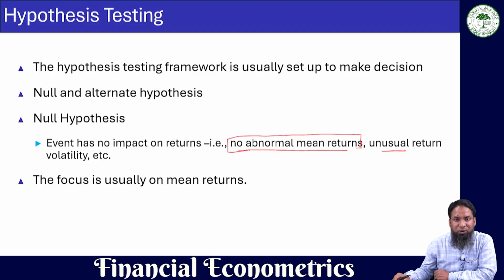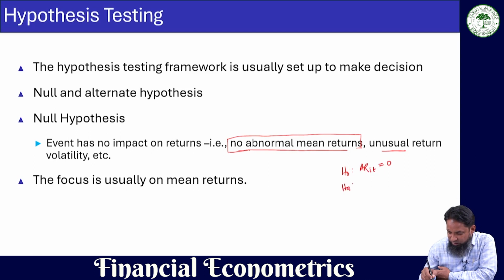So, here the null hypothesis will be that any calculation of abnormal returns, whether abnormal returns of asset i at a particular time t, will be 0. Whereas the alternate hypothesis will be that the abnormal return of asset i at time t is not equal to 0.